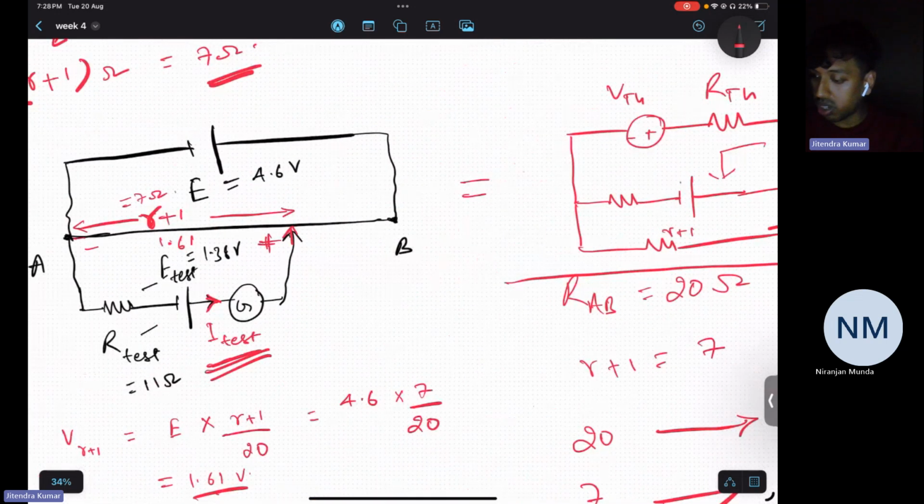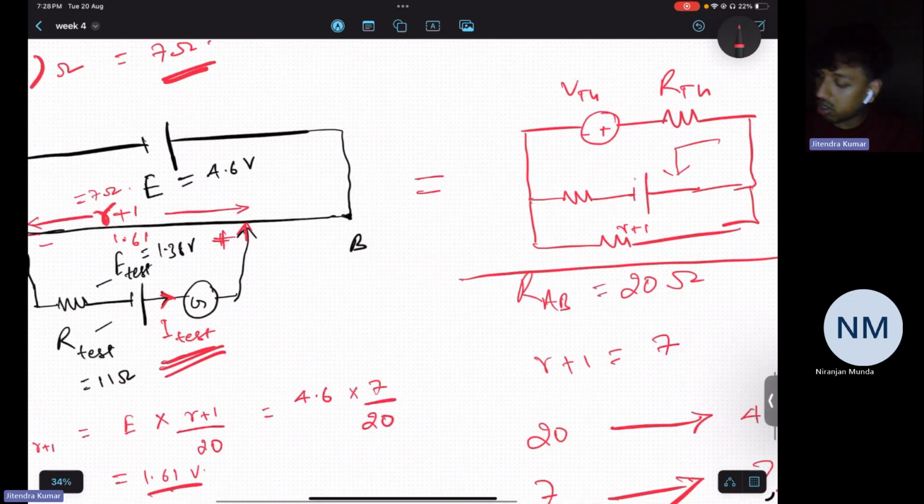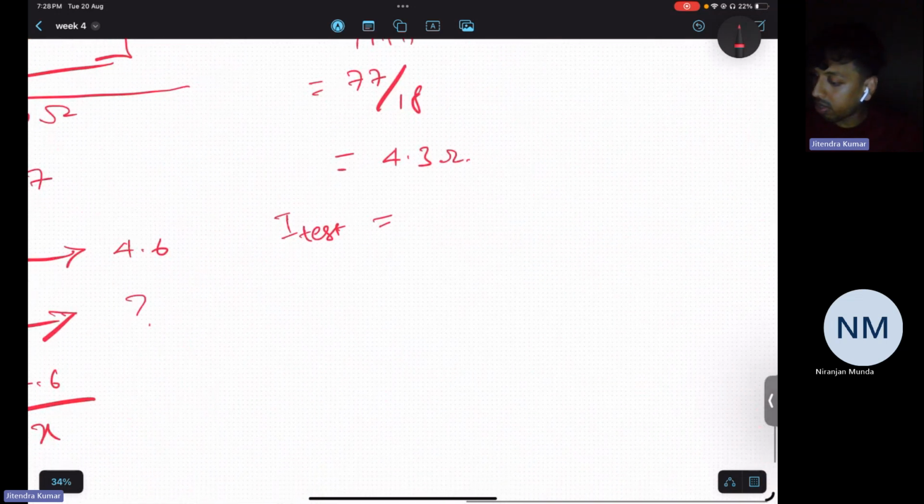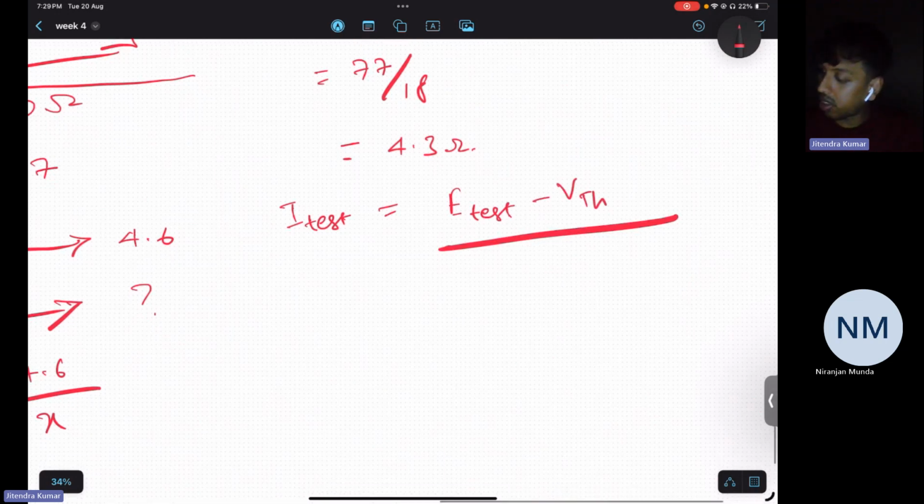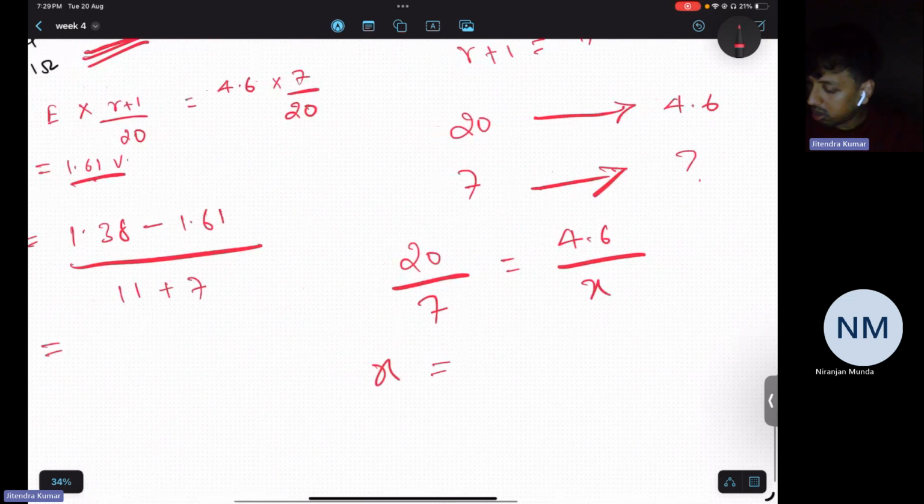Okay. I test will be how much? I test will be equal to E test minus VTH divided by R test plus RTH. Okay. Are you following, Niranjan? Yes.